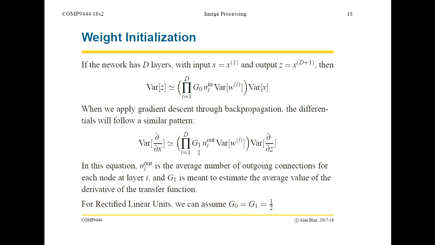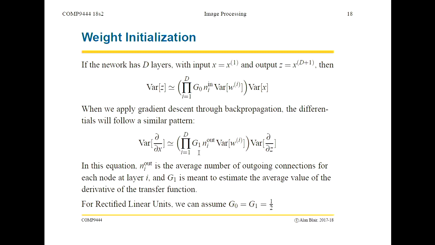In the case of ReLUs, G0 and G1 can both be defined as a half. If you look at the derivative of the ReLU, it's 0 for negative numbers and equal to 1 for positive numbers. So on average, sometimes it'll be 0, sometimes it'll be 1, so it averages out to 1/2, right?